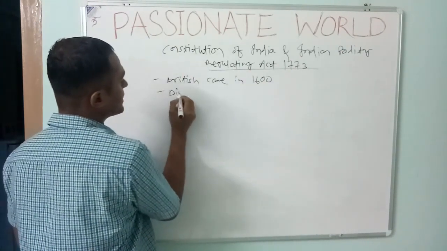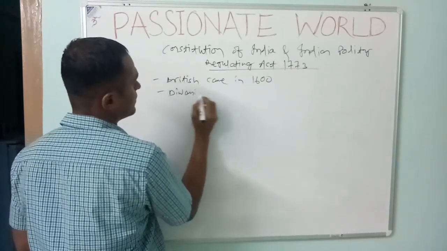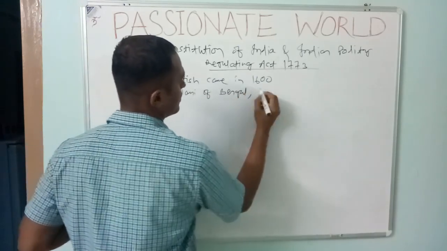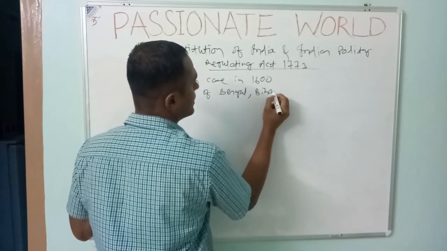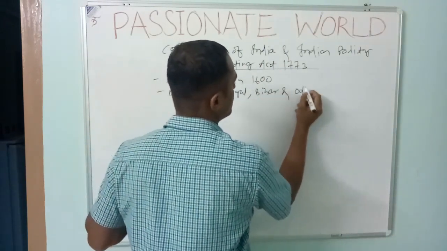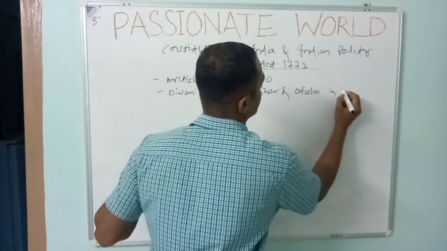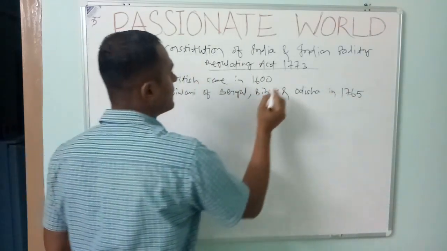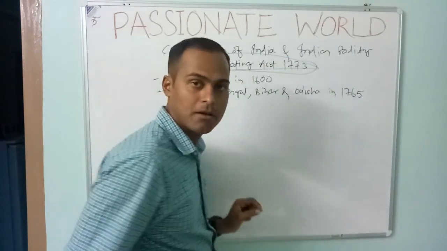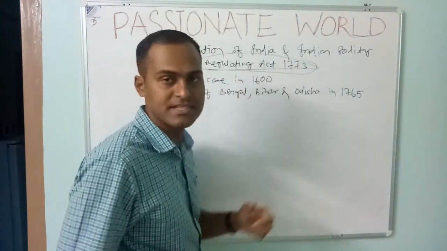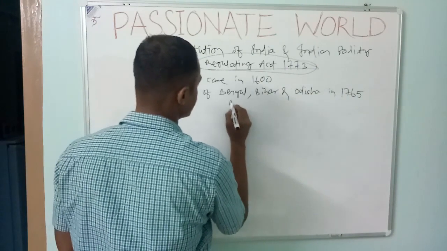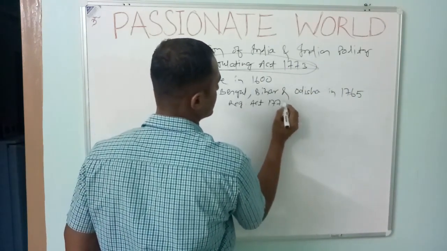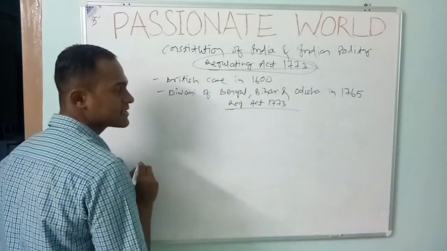They got Diwani of Bengal, Bihar and Odisha in 1765. Then because of the Regulating Act passed in 1773, the changes brought by the Act 1773. What changes did it bring?